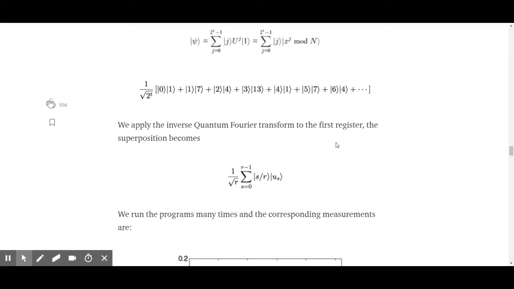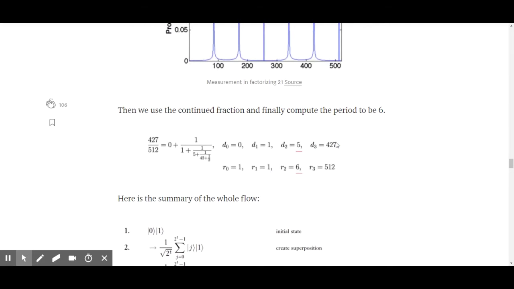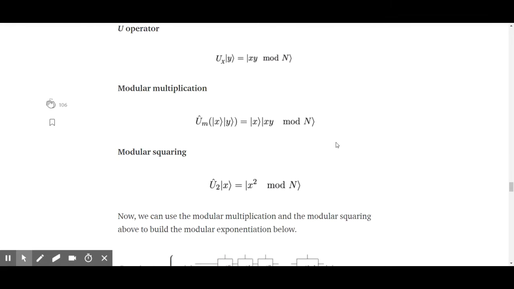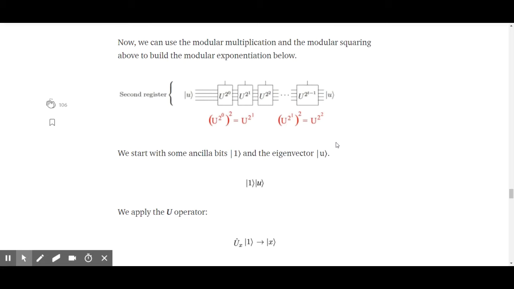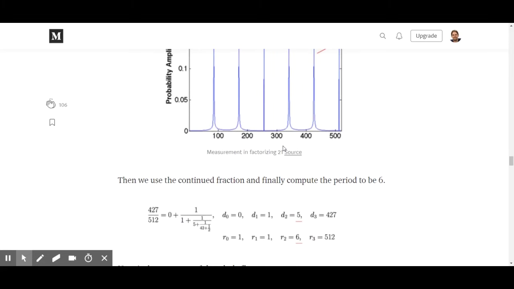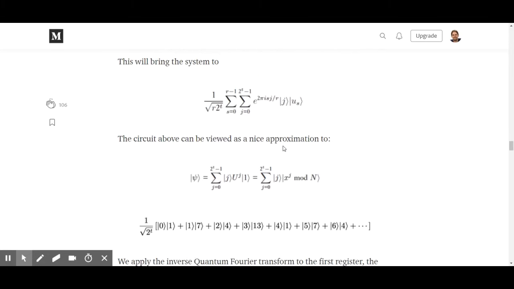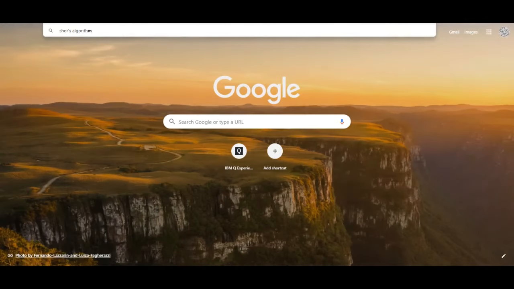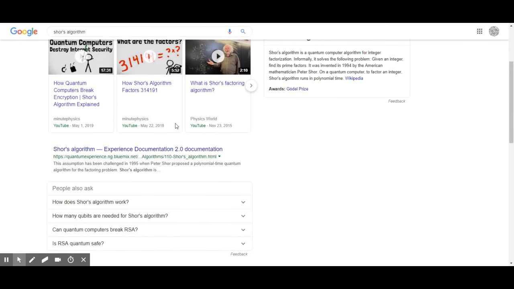I think the easiest next step for me is to go through another guide, starting from scratch, and see if that helps me fill in the gaps. Shor's algorithm.